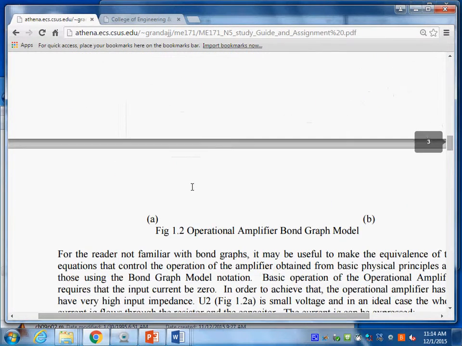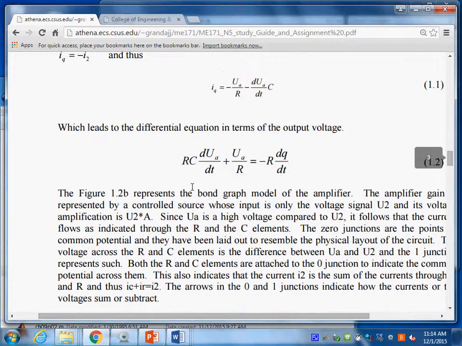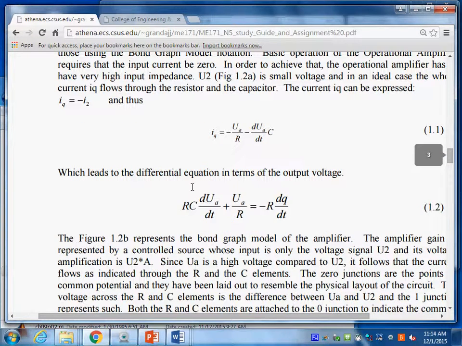So we have this model of the circuit in here. All right. Now, in this write-up, I have shown you a little demonstration of the conventional method, the block diagram method and the bond graph method. So there's the derivation of the equations of motion for the circuit in here, and that's what this is.